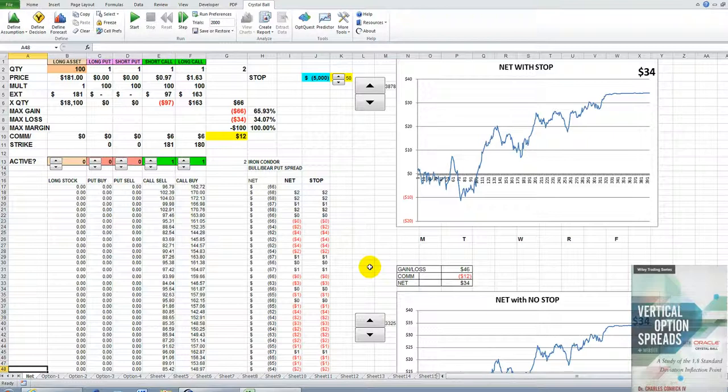And usually you want to be on the lower side, underneath the asset strike price. The bear put, you're going to want to generally be over the asset price, and the bear put is indeed a debit spread, and you think the asset's going down. On the bull put, you think the asset's going up.